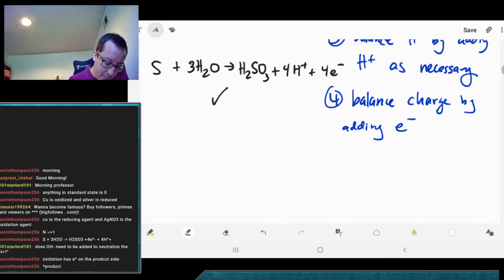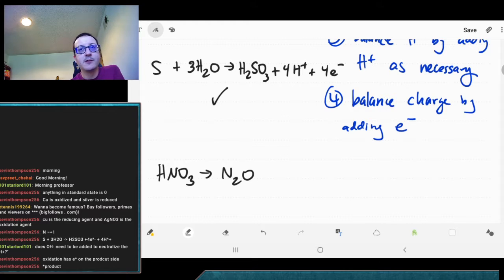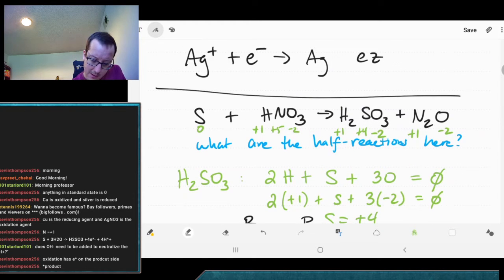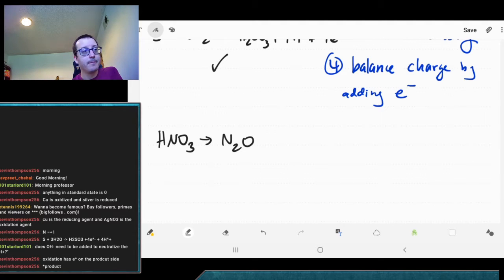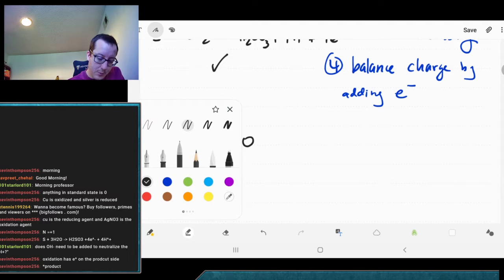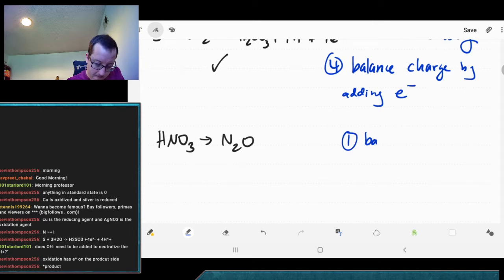We had, I think, nitric acid turning into N2O, if I remember correctly. Yes, we did. So let's balance this one. So step one, we're going to balance non-hydrogen or oxygen, so that means nitrogen in this case.